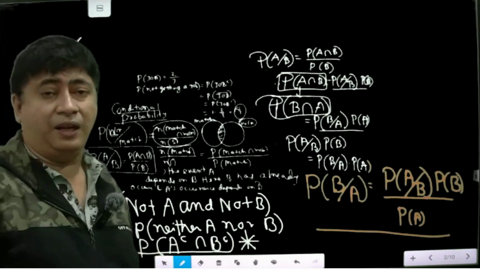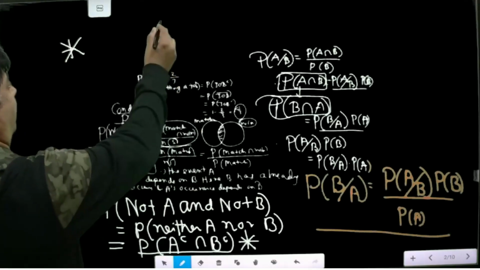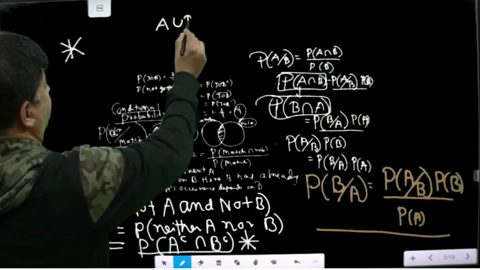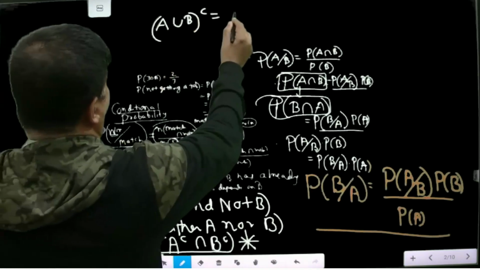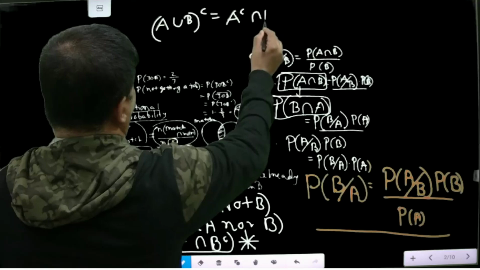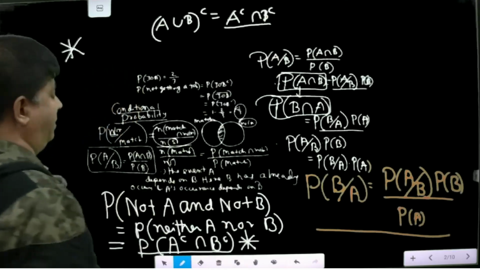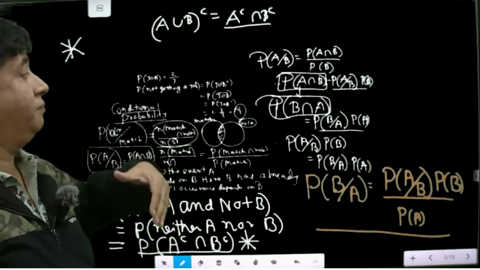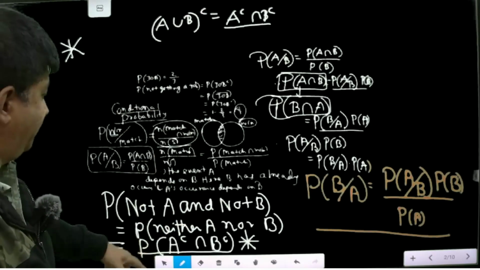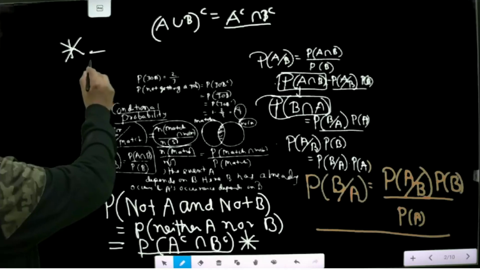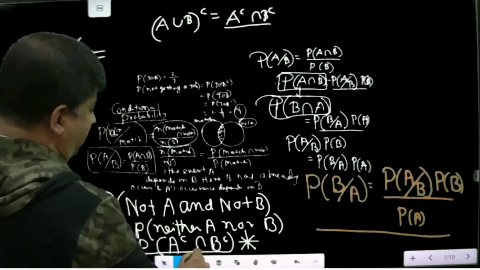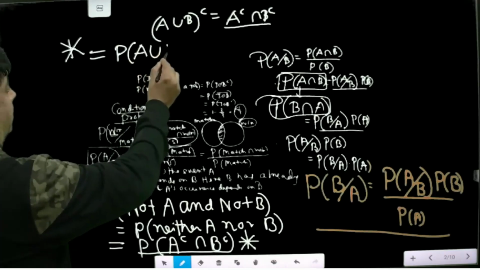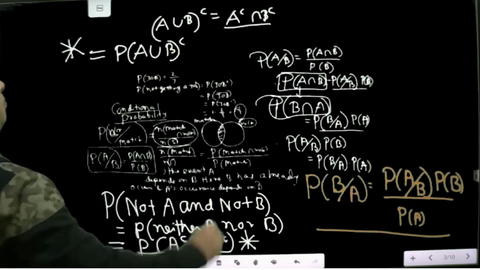In class 11, in set theory, we are taught one important property. What is that? (A union B) whole complement, De Morgan's law, equals A complement intersection B complement. So you recall that concept and bring it here. Instead of A complement intersection B complement, I can write (A union B) whole complement.